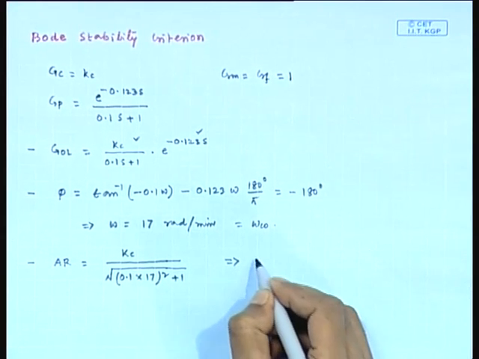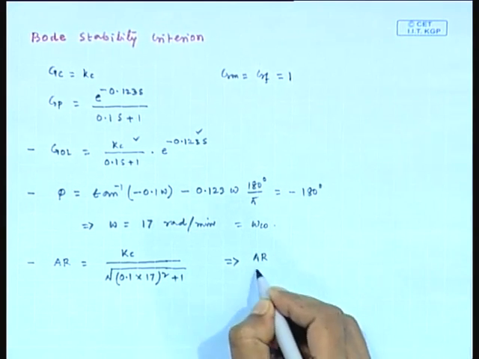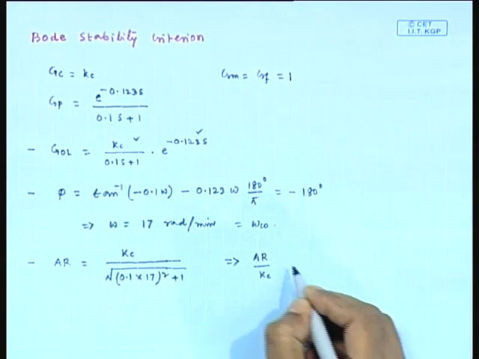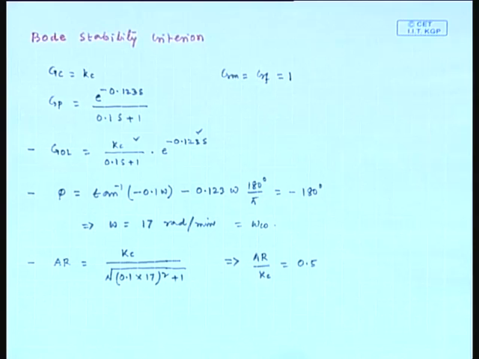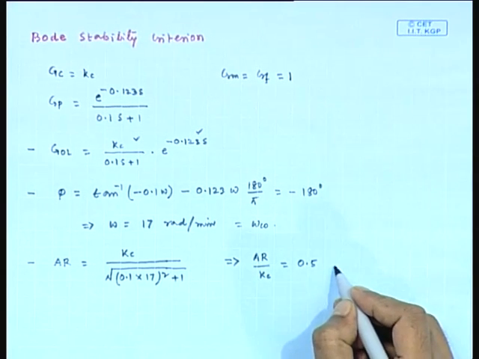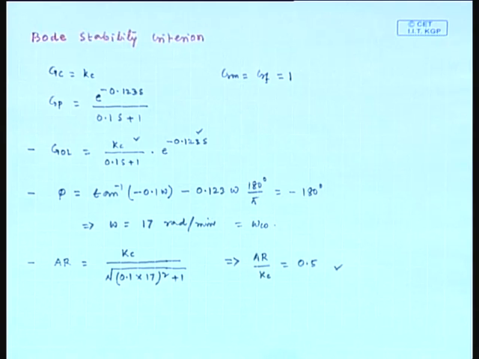Then we obtain amplitude ratio divided by K C equal to 0.5.